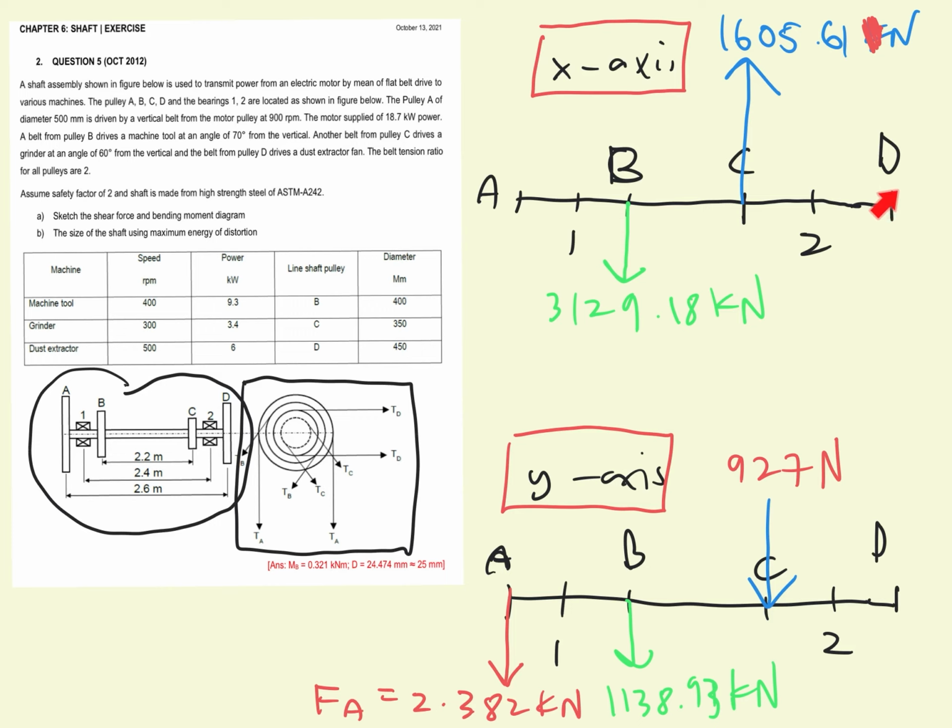So we will find what the value is. We have an error here: this is not kilonewton but only Newton, and this is also not kilonewton but Newton.